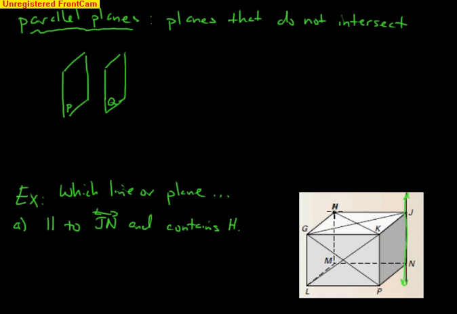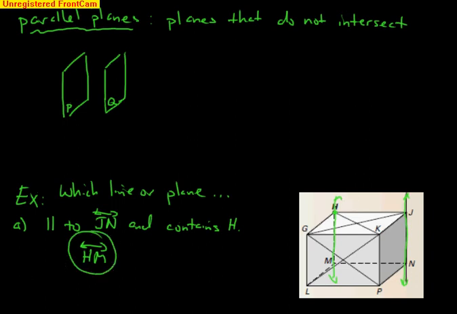And H is over here. So we're looking for a line that's parallel to JN that goes through H. JN is part of this back plane, JNHM. So the parallel line we're looking for is right here. That'd be line HM. Okay, so there'd be your answer.